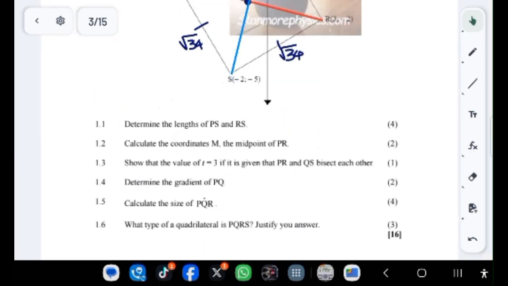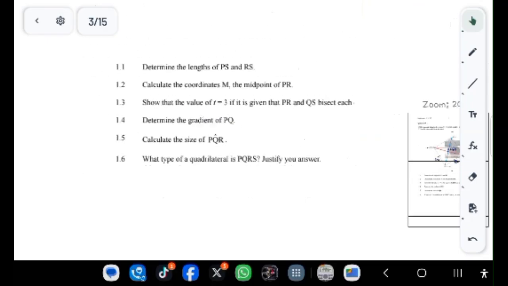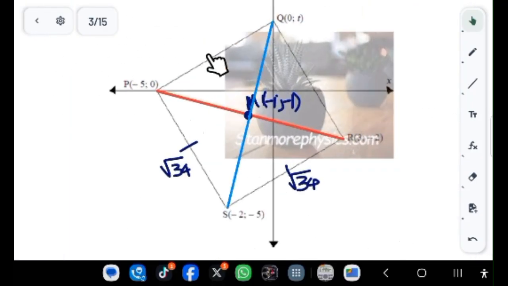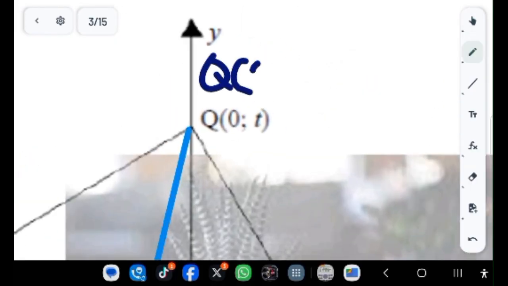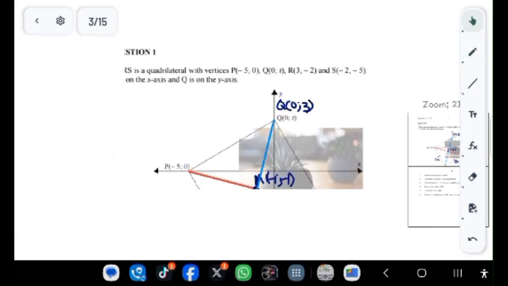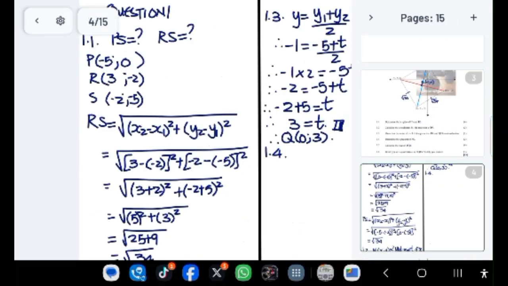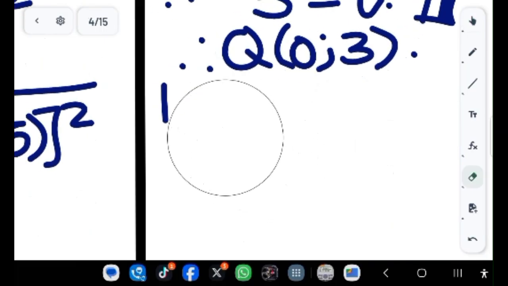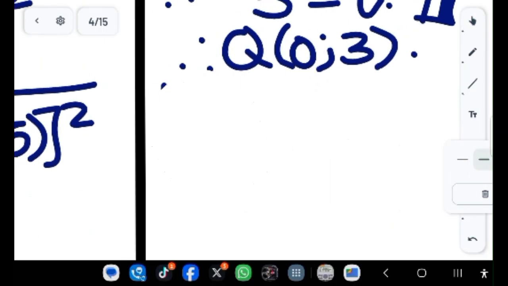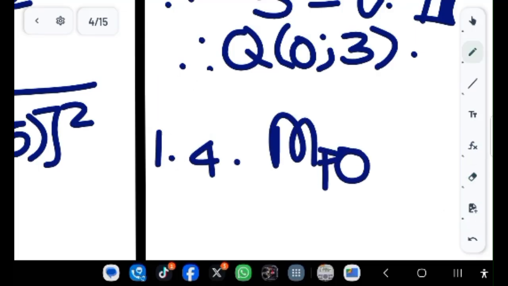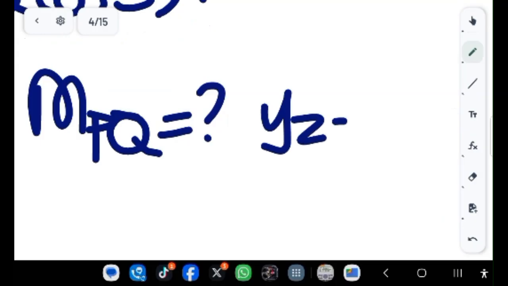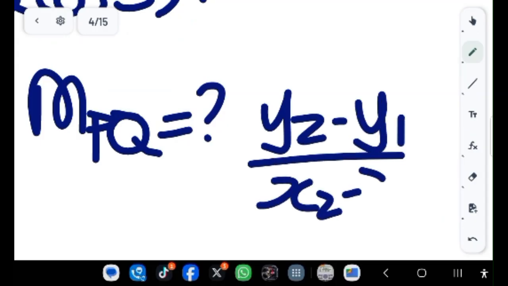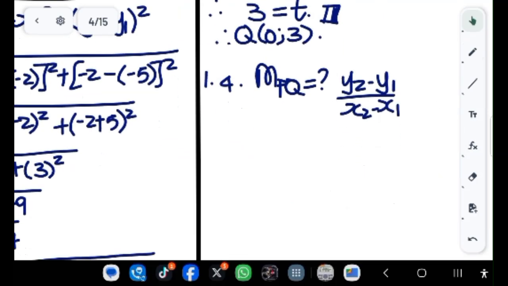Question 1.4. Determine the gradient of PQ. Here are the coordinates of Q again, 0, 3. The gradient of PQ equals y change over x change, y2 minus y1 over x2 minus x1.